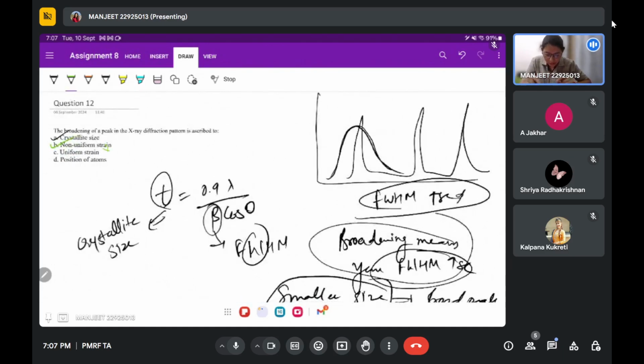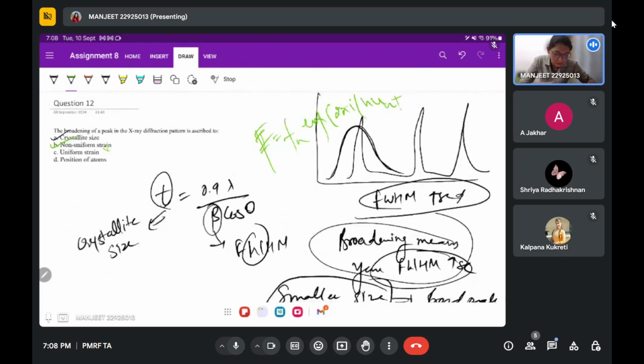In the next part, the position of the atom. The position of the atom will give you the intensity, because it will affect your structure factor. As I already told you, this structure factor is a small f times exponential of 2 pi i (h u plus k v plus l w) for the n-th atom.